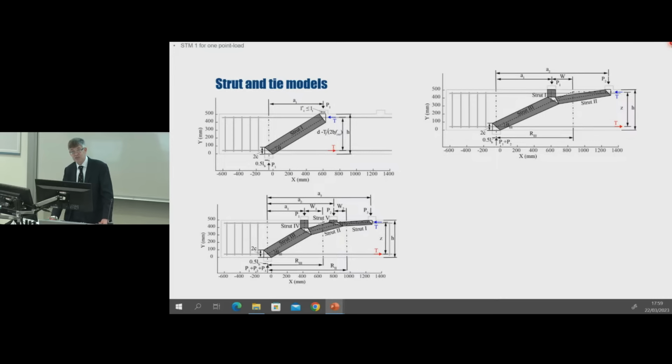As the critical shear crack widens, the contribution of all the shear resisting mechanisms reduces, leading to a reduction in the compressive strength of the strut.